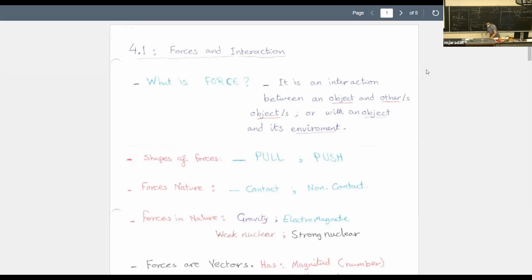Now, plus 10 sine 30. Sine 30 is half. 10 multiplied by half is 5. This will be equal to zero.